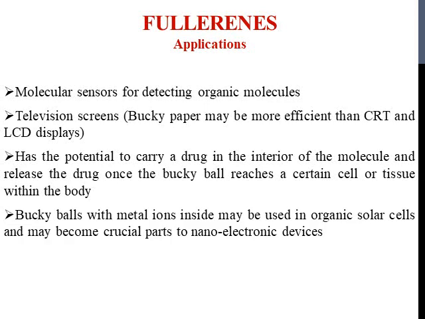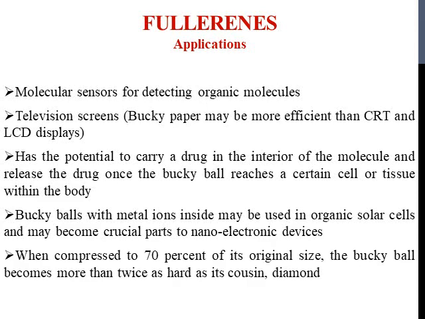These fullerenes may be doped with metal ions inside, used in the production of highly efficient organic solar cells, and become crucial parts in nanoelectronic devices. So the fullerenes are widely used in material electronics, nanoelectronics, and the development of organic-based solar cells.